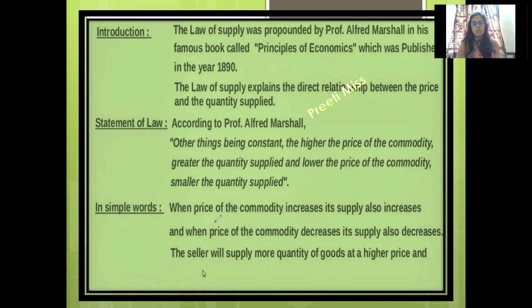In simple words, when the price of the commodity increases, its supply also increases, and when the price decreases, its supply also decreases. If you want, you can write this, but it is compulsory to cover the introduction and statement part.